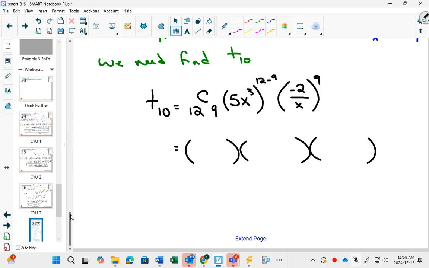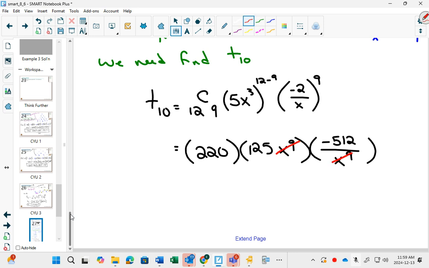So I go to my calculator. 12 choose 9 is 220. 12 minus 9 is 3. 5 cubed is 125. X cubed to the 3 gives me x to the 9. Powers of 2. Do you know what 2 to the 9 is? It's an odd power, so it's going to be negative: negative 512 over x to the 9.